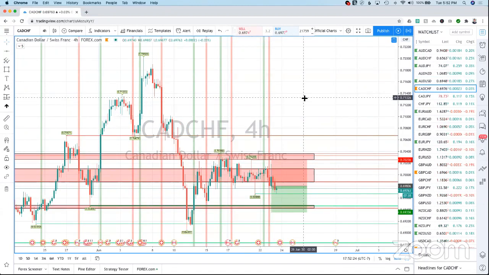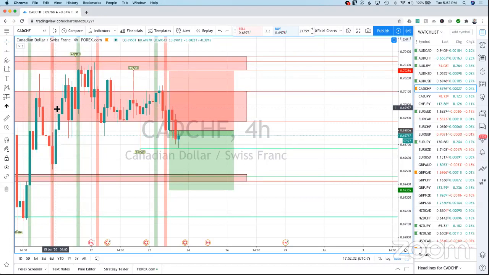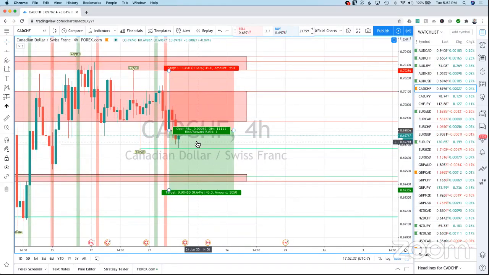Here's a CAD/CHF that I just went over. If you guys want to enter this trade, it's near entry. The only problem is that it just rejected off of support, or it almost did. So the problem with that is if it comes down and tests again, that'd be a double bottom right here.